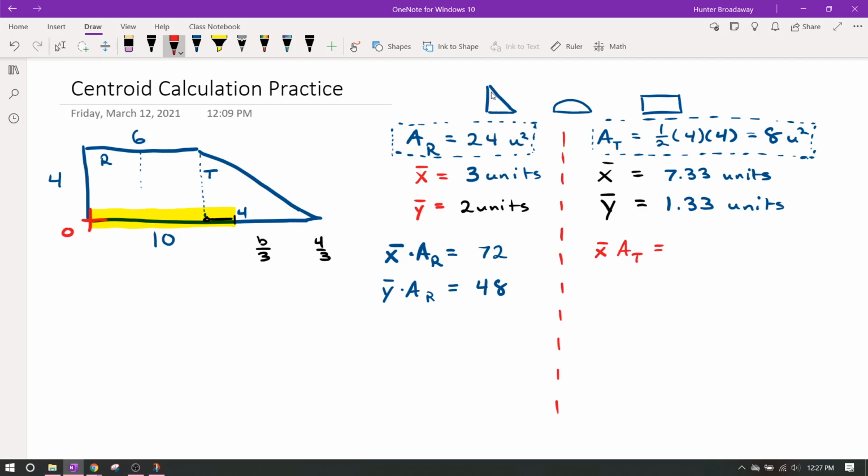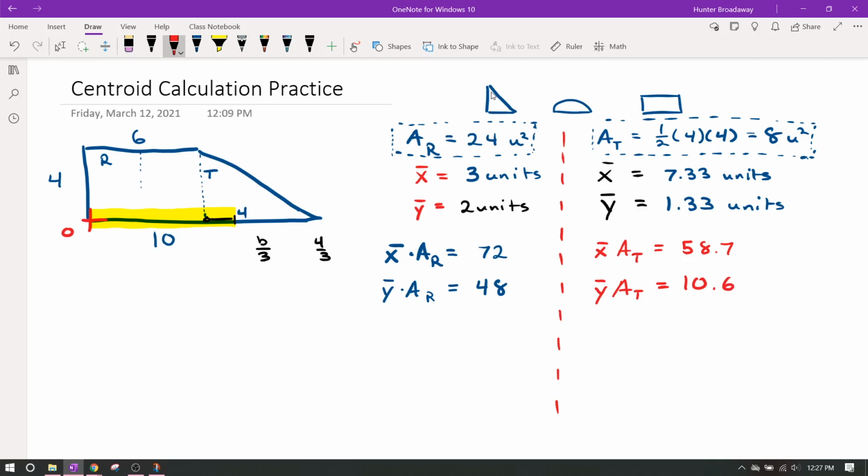I'm going to say 58.7 units cubed. And then the y bar times the area of the triangle is going to be 1.33 times 8, and that's 10.64. So let's keep one decimal and write 10.6 units.